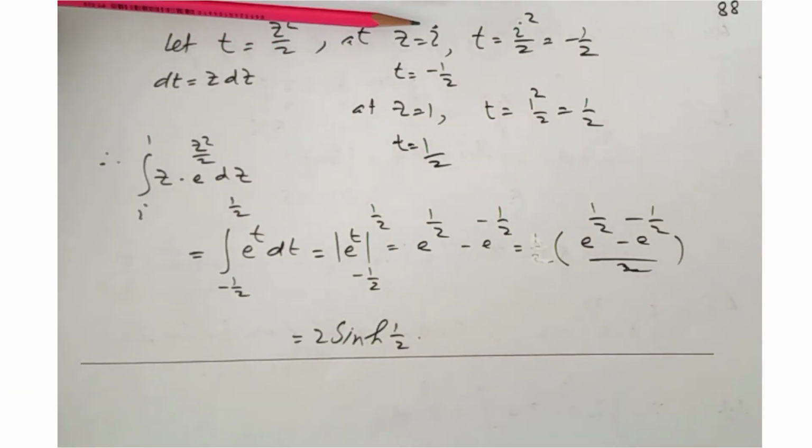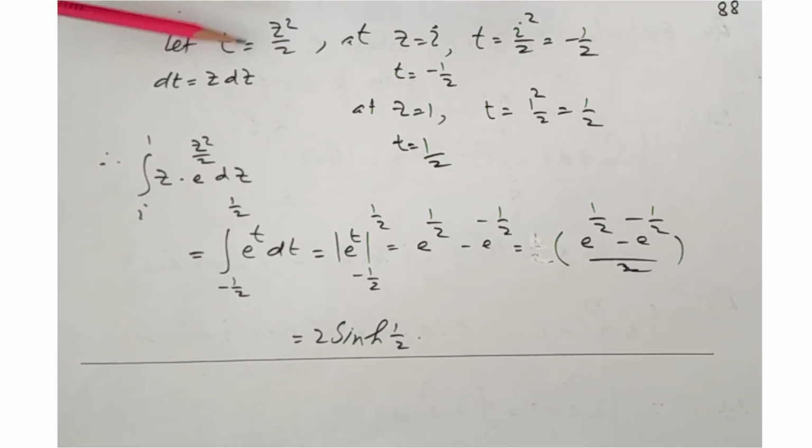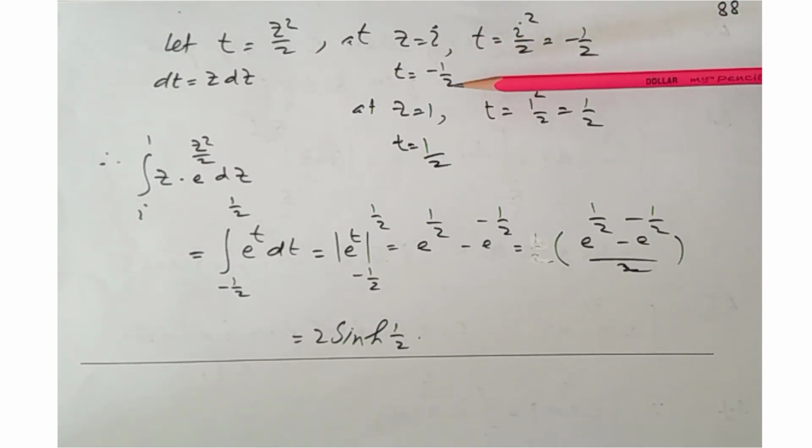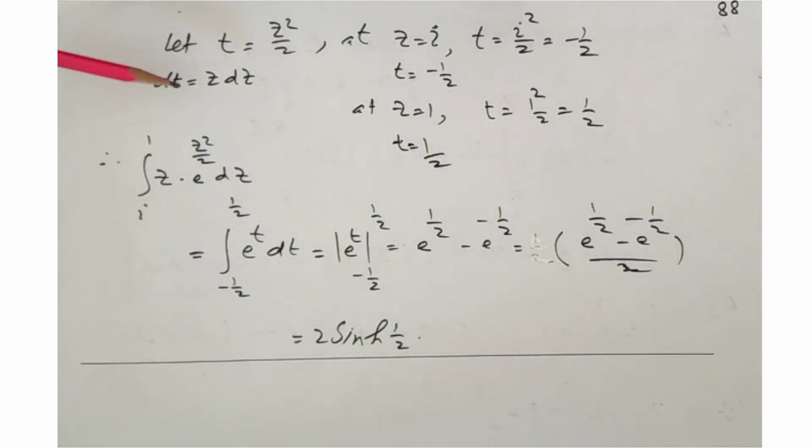The lower limit was z equal to i, so here we put z equal to i. t becomes i²/2, and i² is -1, so t becomes -1/2. So at z equal to i, t equals -1/2. Now dt is the derivative, 2z dz over 2, so dt equals z dz.